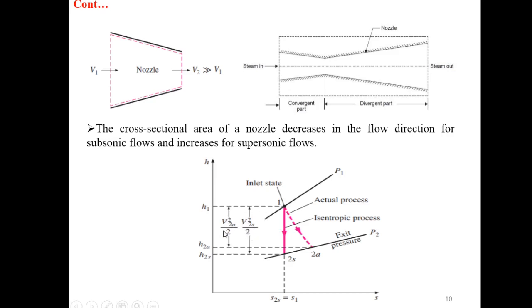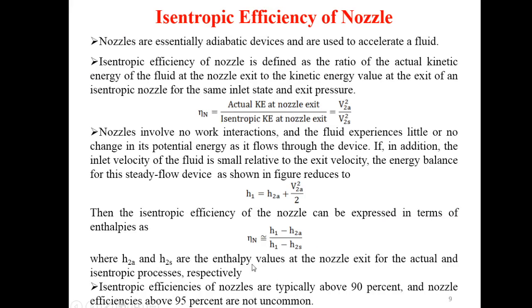So we can find the value of this one: this value will be h1 minus h2s, and this value will be h1 minus h2a. You can see 1 to s means h2s at s equal to s1, so we have replaced this one. Isentropic efficiencies of nozzles are typically above 90%, and nozzle efficiencies above 95% are not common.